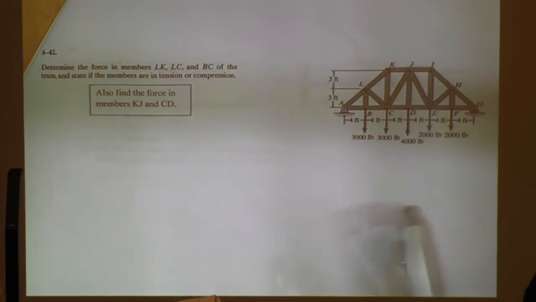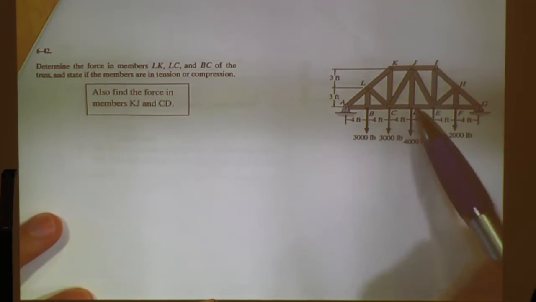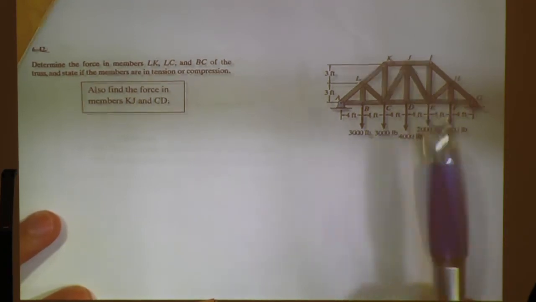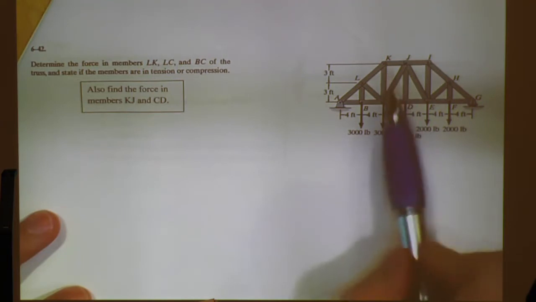But in this one, is there any zero force members that jump out at you? No, there's not. If we didn't have a force here, would we have one? Yeah, it'd be right here. We'd have a force here and here, but there'd be no force in the vertical.